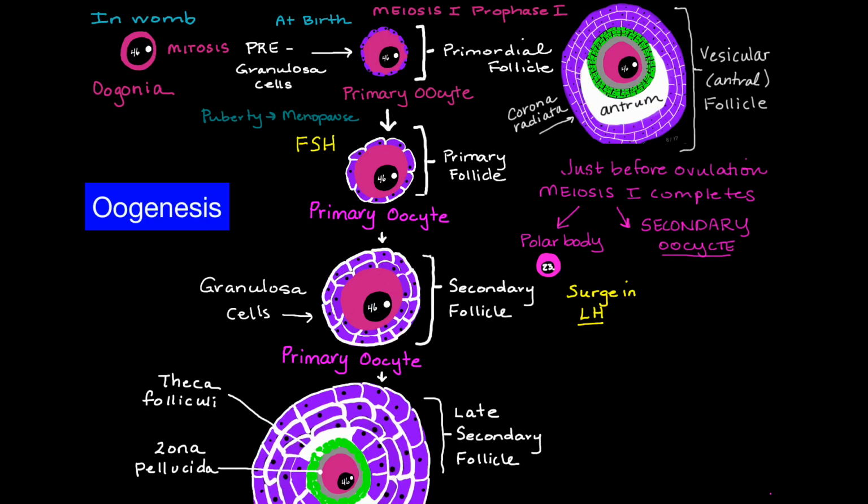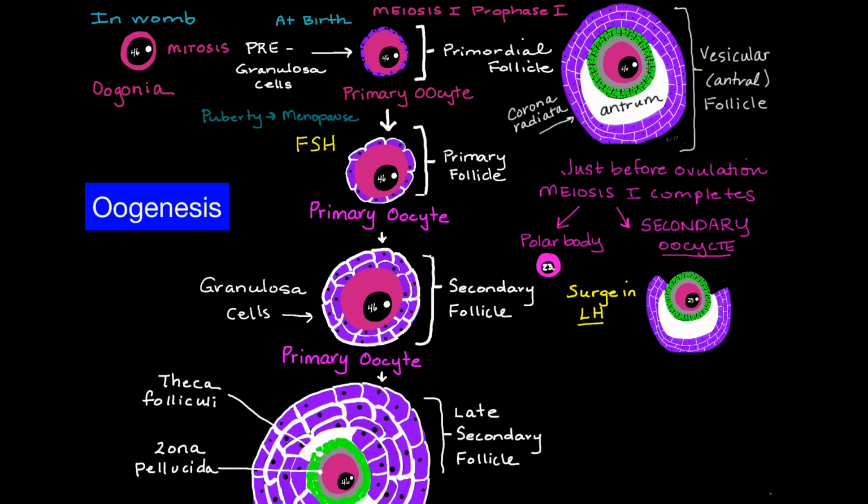So we're starting at these peaks in LH. The primary oocyte within our vesicular follicle finishes meiosis 1. And as you can see in this image, I now have the label of 23 chromosomes in my oocyte, so it's now called a secondary oocyte.